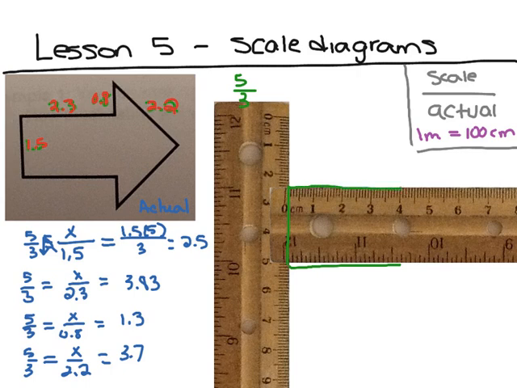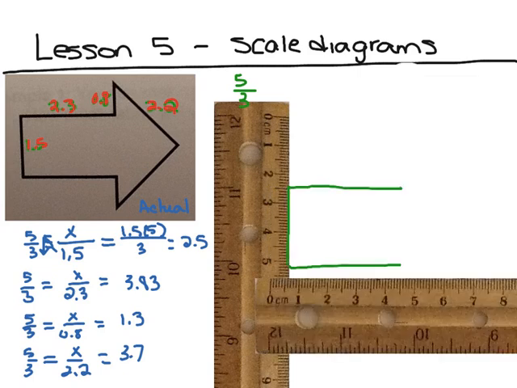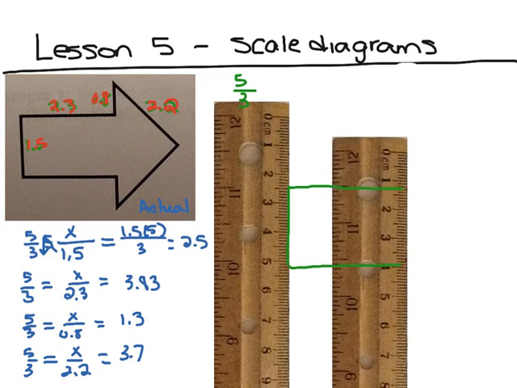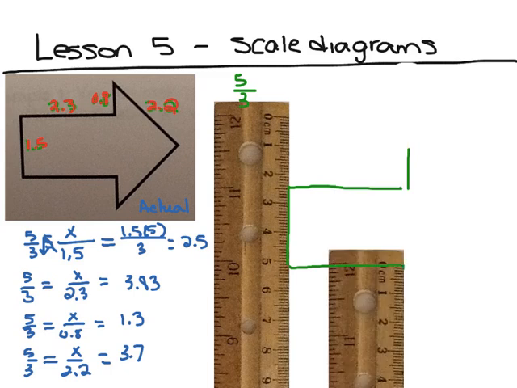Now we have to go up and down. So up and down, we're going 1.3. So draw your line up here. And below, and remember your drawing's going to be more precise than mine.